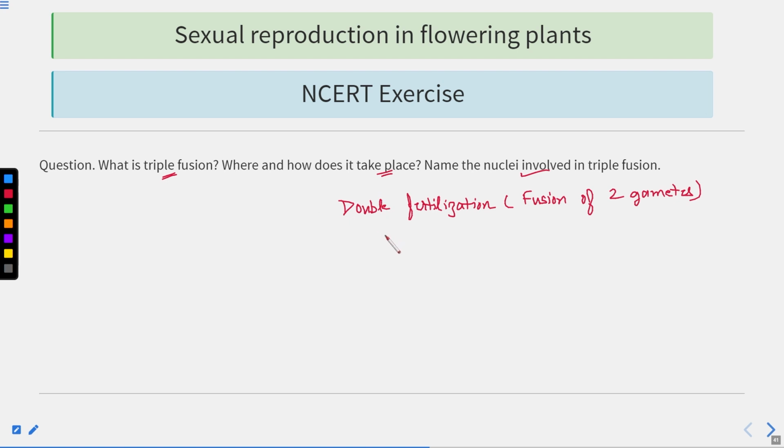Clear? So first one, what happens? One of the male gametes fuses with the egg cell. So this is known as syngamy.